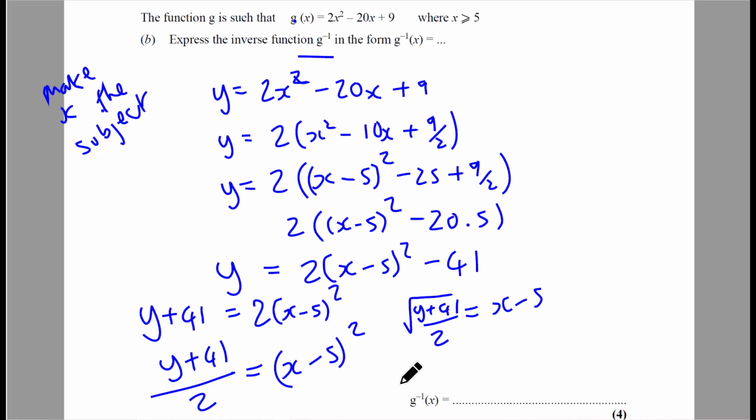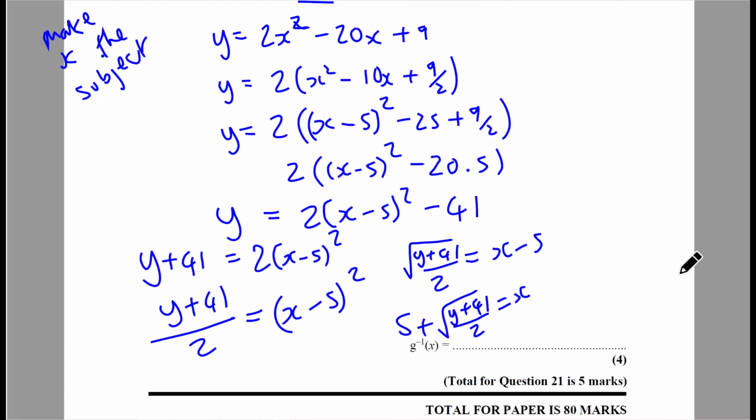Then we plus the 5, so we get 5 plus the square root of y plus 41 over 2 equals x. And you remember, we just write what we worked out into this and put the x back, so that's 5 plus the square root of x plus 41 over 2.